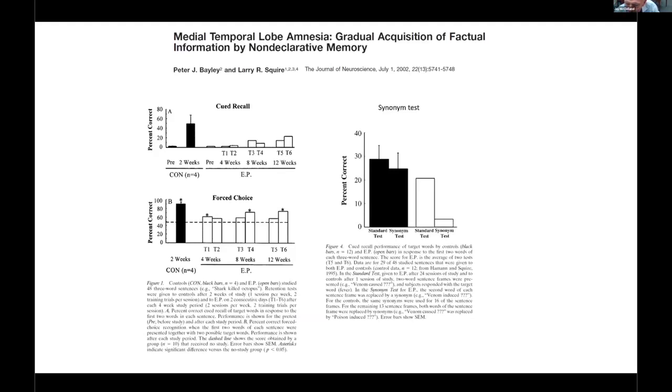And after a delay, the control subjects had shown forgetting of this, so that when given the original probe, they didn't recall fever as strongly, only getting it 30% correct, but they were equally good with the synonym version, which was "poison-induced fever."